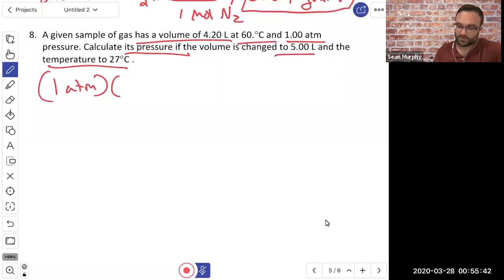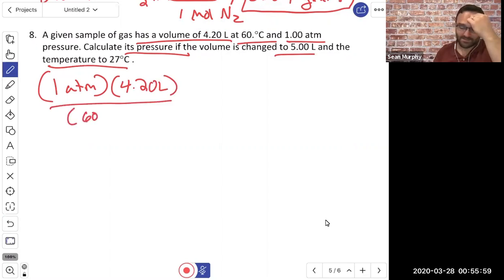Our initial volume is 4.2 liters. And the temperature is 60, but you have to add 273 to that.